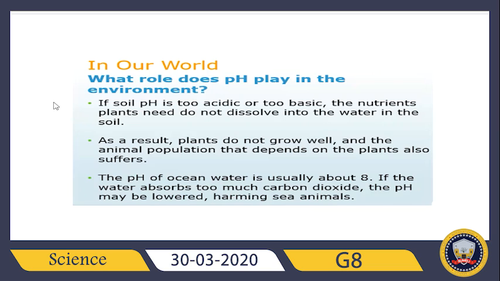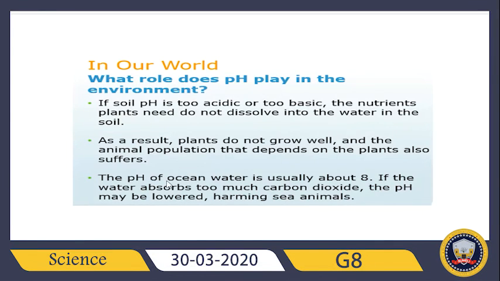So if you want to discuss the effect of pH on soil, for example, if soil pH is too acidic or too basic, then nutrients plants need do not dissolve very well into the water in the soil. So if the nutrients are not being absorbed into the water in the soil, then the plants will be affected. So plants do not grow well, and the animal population that depends on the plants also will suffer.